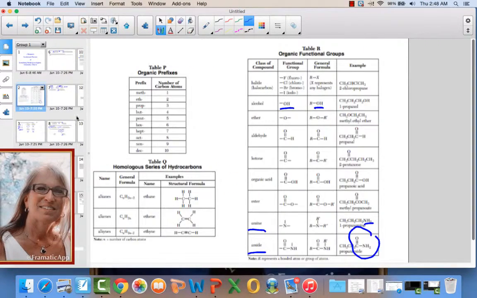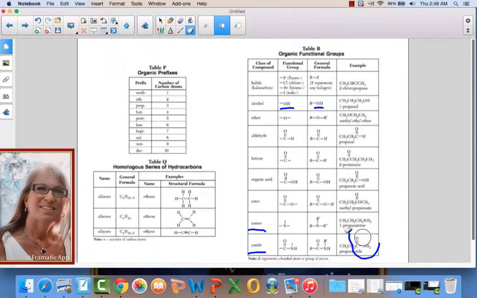So let's go to table R, erase. Alright, so let's look at the ester that we have here. What you're going to do is you are always going to use this O right here as the dividing line. That O. Okay?